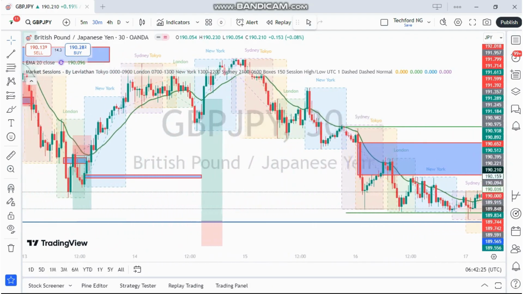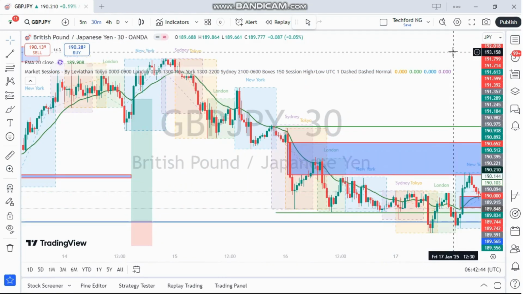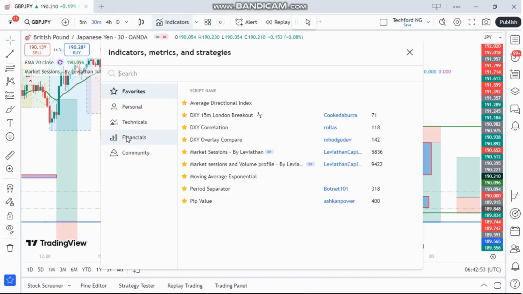You can see the New York session, you can see the Sydney, Tokyo, you can see the London session. They are all activated here. Now, for you to do the same, you have to go to your indicators and search for market sessions by Leviathan.